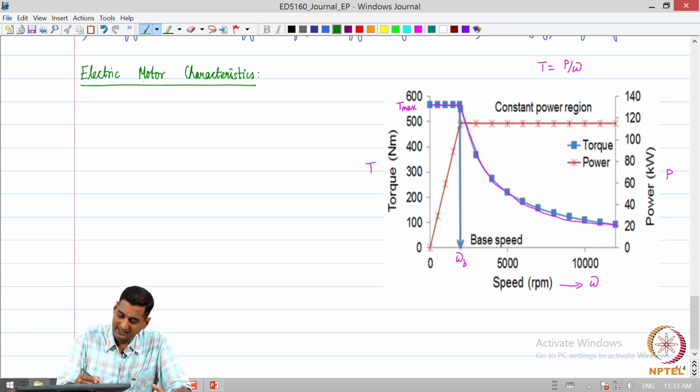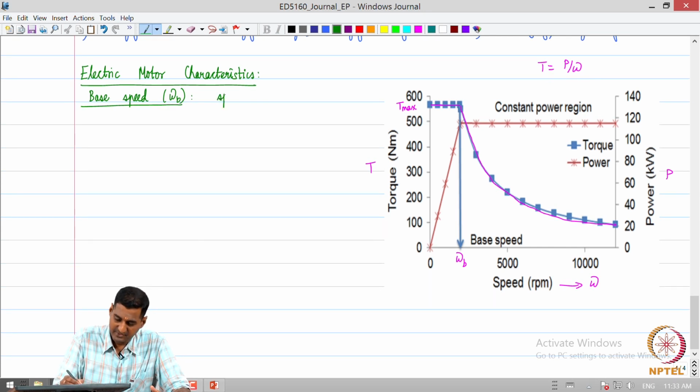So, if we look at the electric motor characteristics, we have what is called the base speed, which we shall denote by omega b. It is the speed till which the motor delivers an almost constant torque.